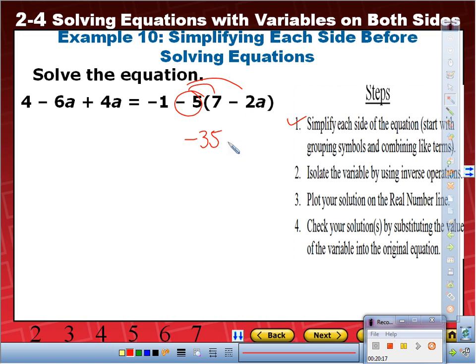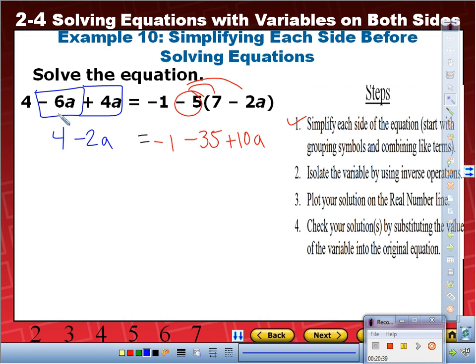Negative 5 times negative 2, that's positive 10a. I bring down the negative 1. However, let's look at the other side. Can I combine like terms over here? Yes. We can combine the negative 6 and the positive 4. That becomes negative 2a. And I bring the 4 down.